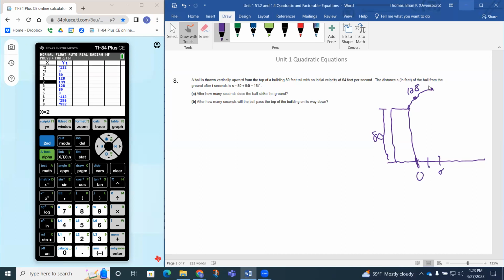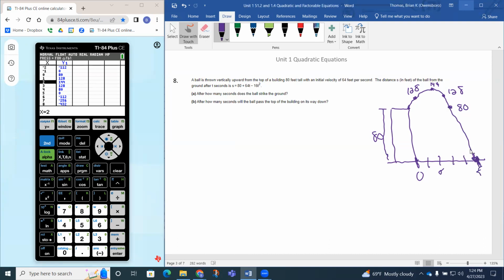In 3 seconds, it's back at 128. In 4 seconds, it's going to be 80 feet off the ground. And then in 5 seconds, it's going to be back on the ground.